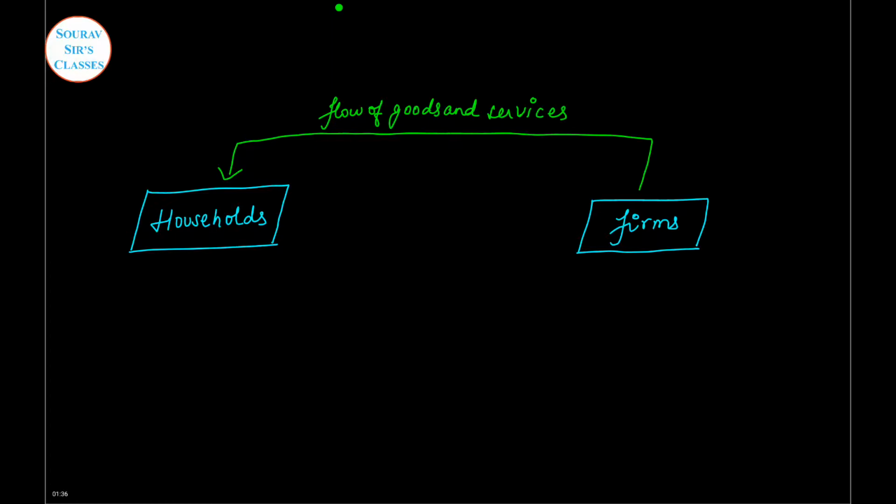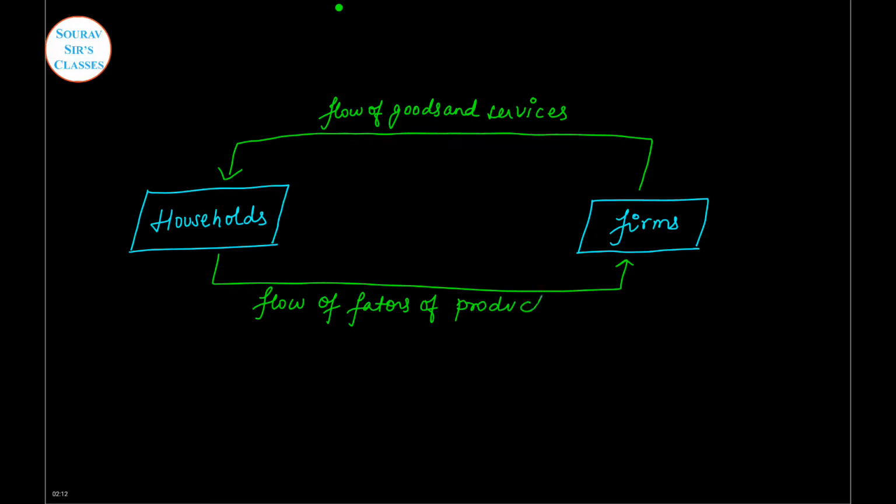Okay, and from the households to firms flow land, labor, capital and entrepreneurship. Okay, so it will be labor, land, capital, or instead of writing all this, let me write flow of factors of production. Okay, now let me change the color.